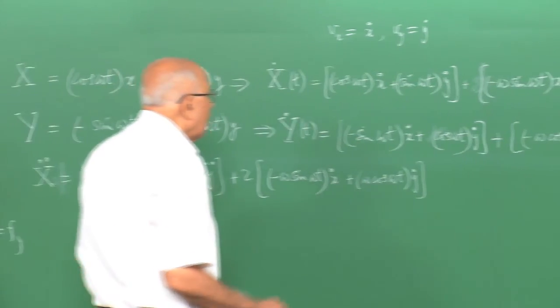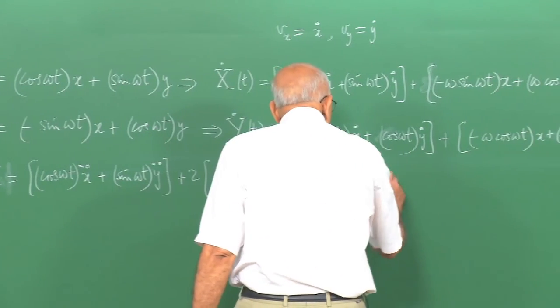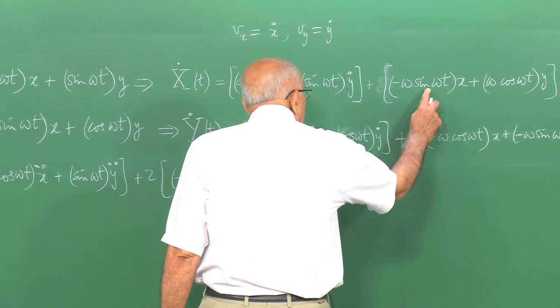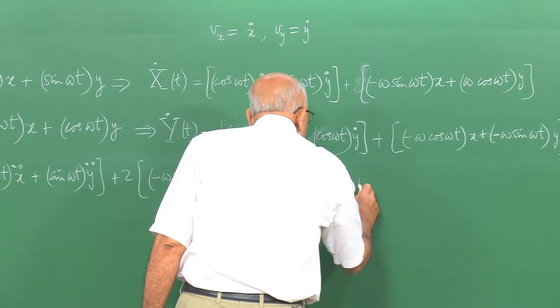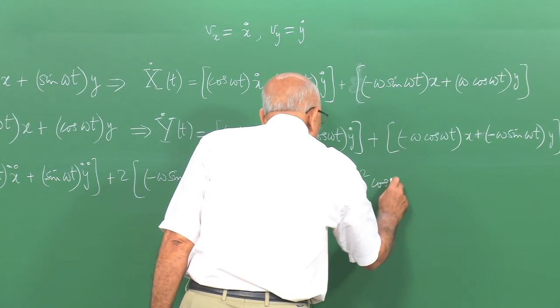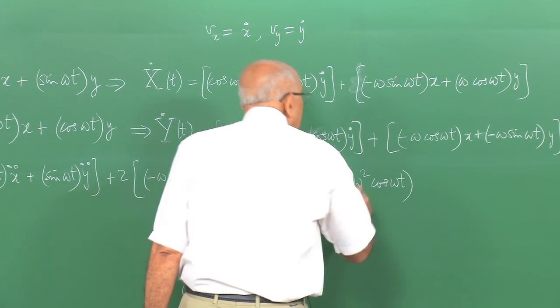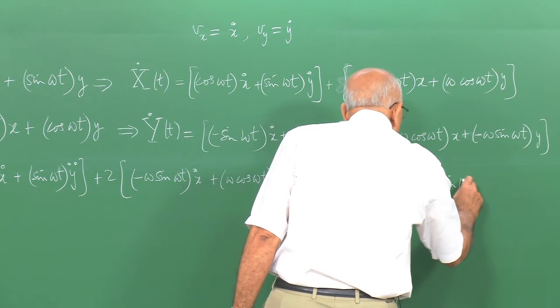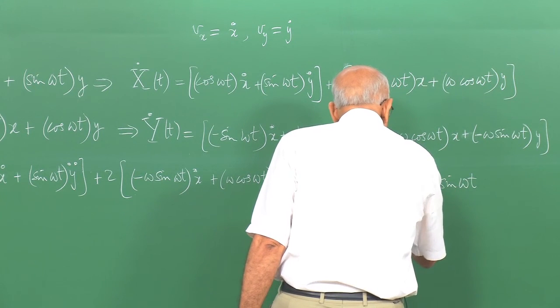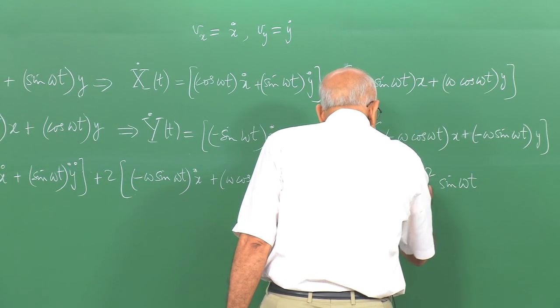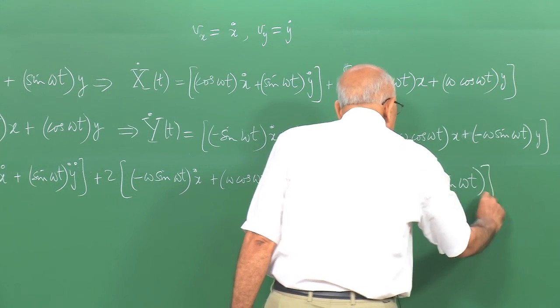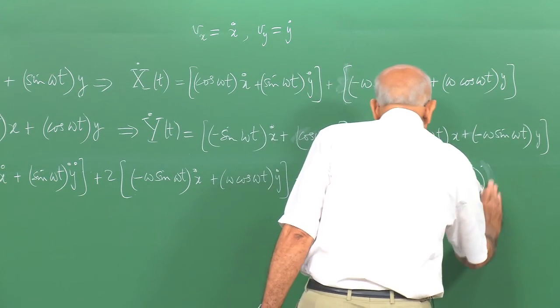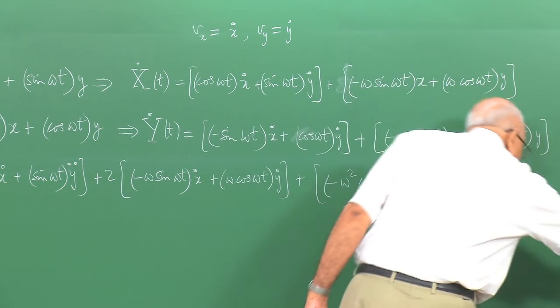And finally there is a third kind of term which comes from differentiating this quantity, that is minus omega squared cos omega t minus omega squared sine omega t. So, let us put a plus and a minus this guy here. Sorry, I should be careful.